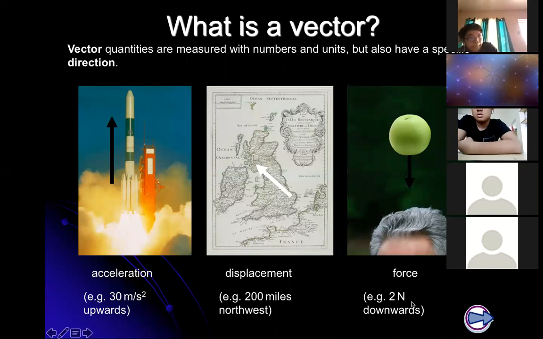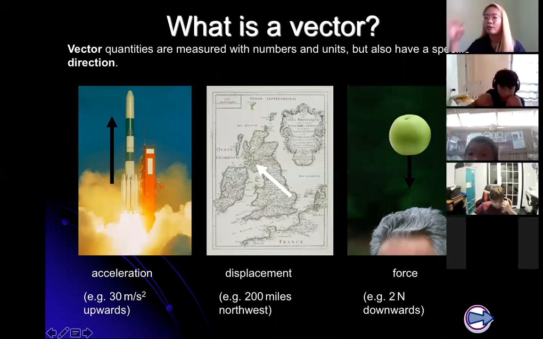Okay, so this is 2 newtons downwards. So when the apple falls, it will hit the person's head. Because the force acting on the apple is gravity pulling the apple downwards to the center of the earth. Okay? So this is a vector quantity.